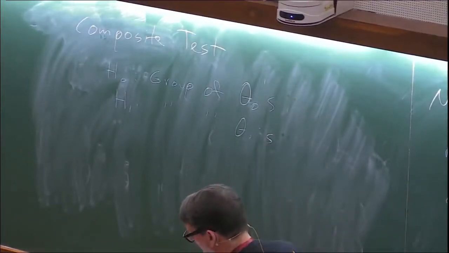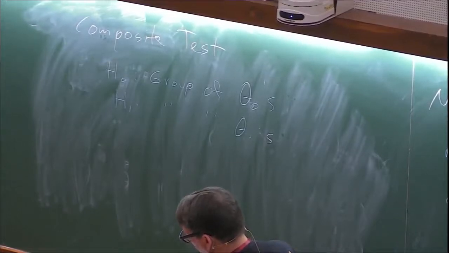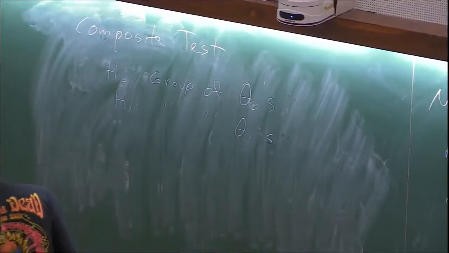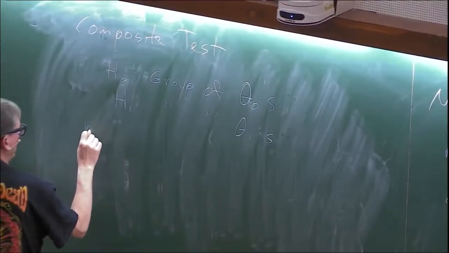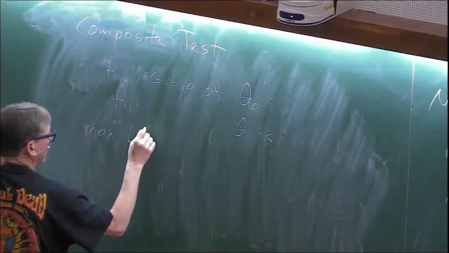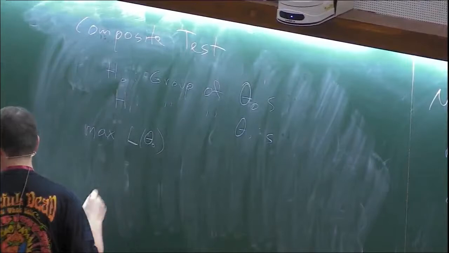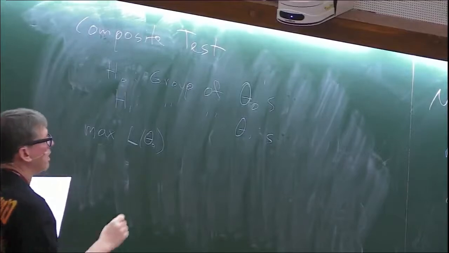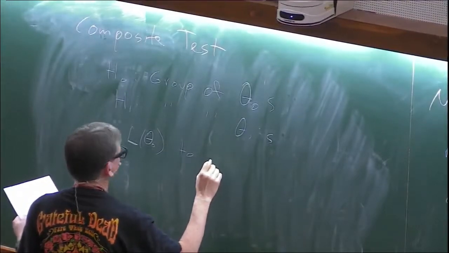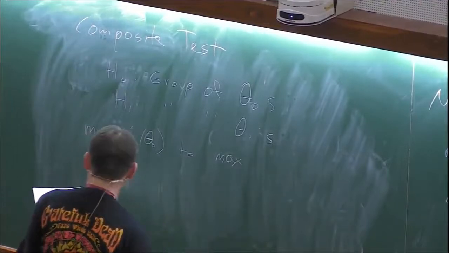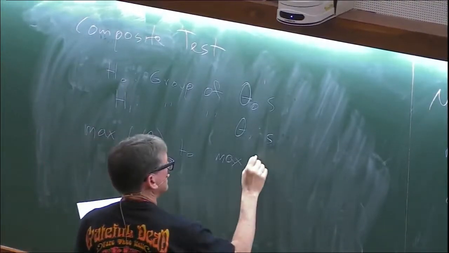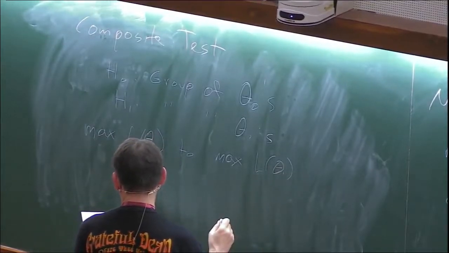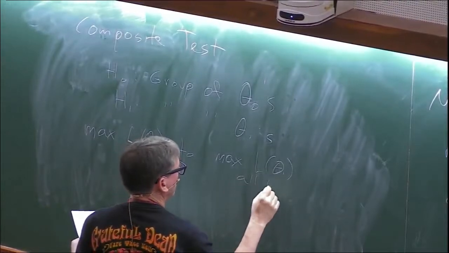It turns out, for reasons that I can't get into, that what you actually want to do is compare the maximum likelihood for theta naught to the maximum likelihood of theta 1 over all possible thetas.